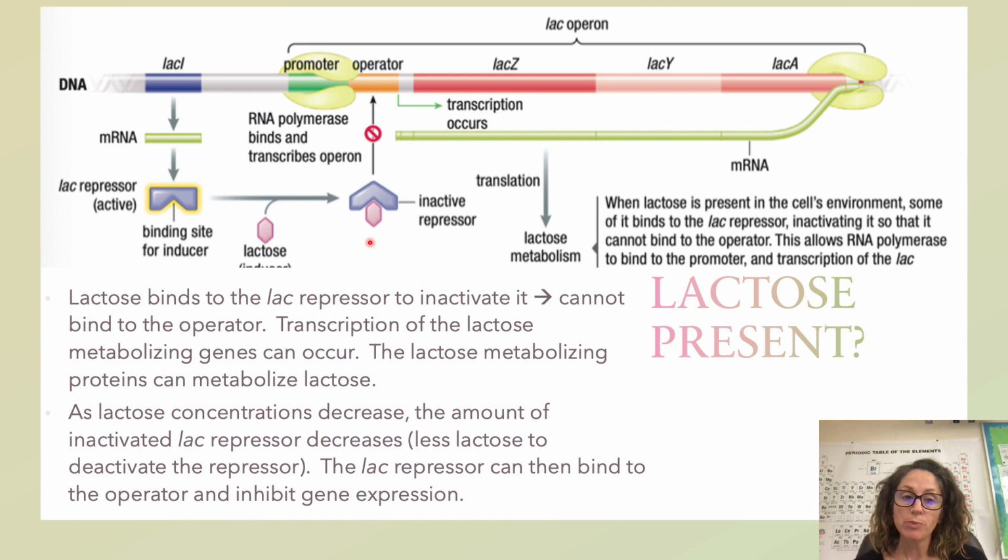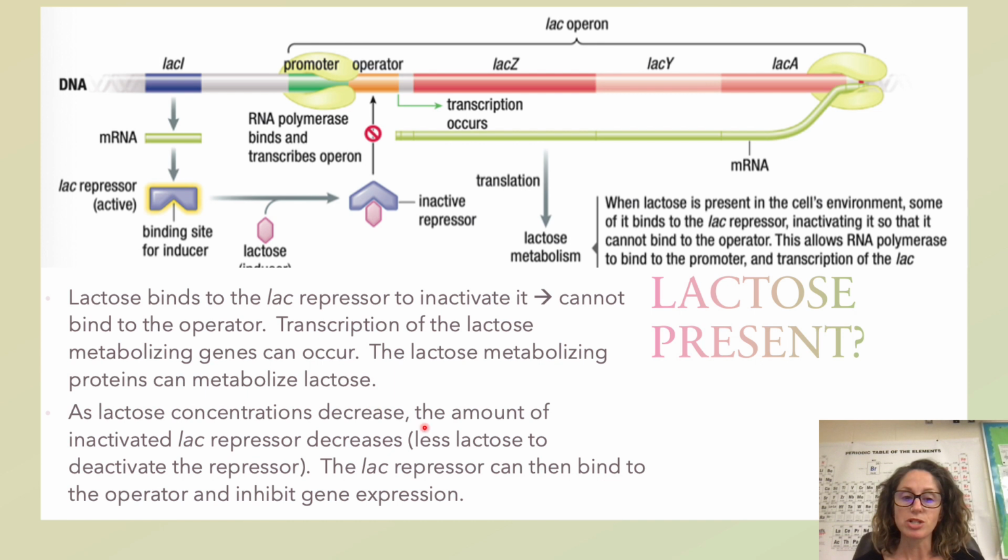When it's bound to lactose, the repressor can no longer bind to the operator. And then when the operator doesn't have the repressor attached to it, we can have the RNA polymerase bind to the promoter and transcribe those genes. Once those genes are transcribed, they get translated, and we get the 3 proteins needed to metabolize lactose. Isn't that brilliant? It's brilliant.